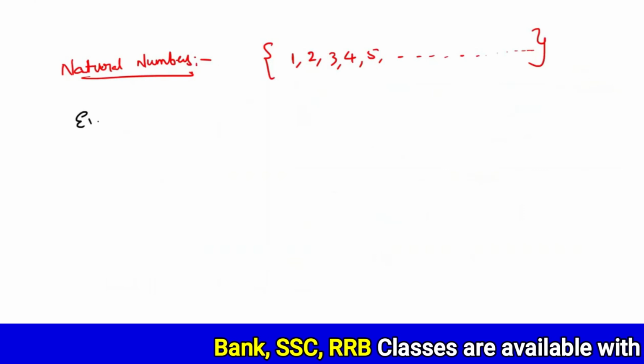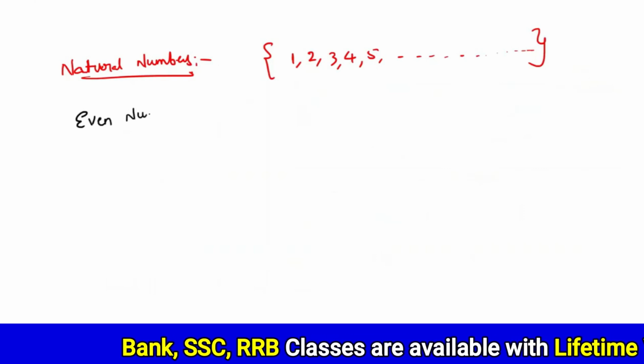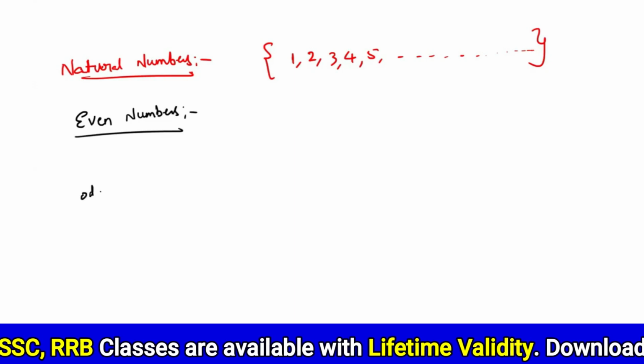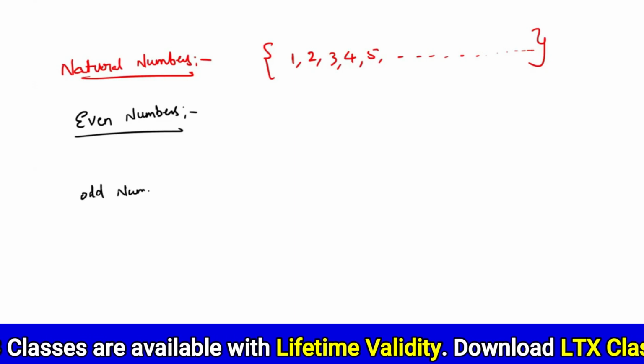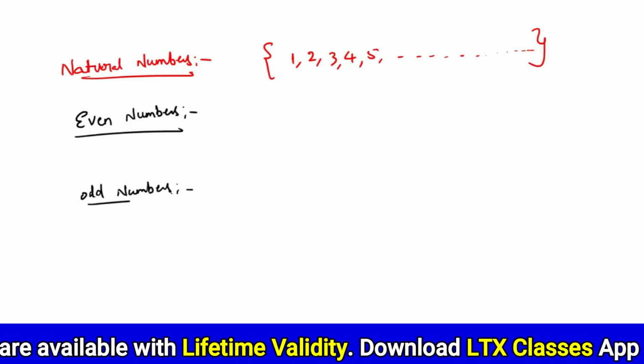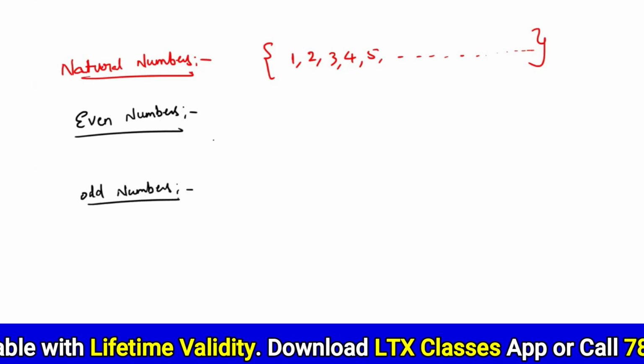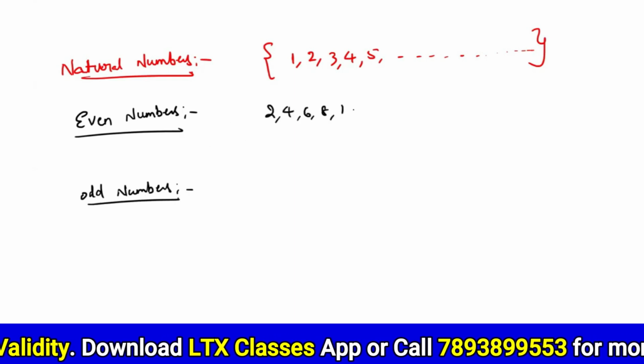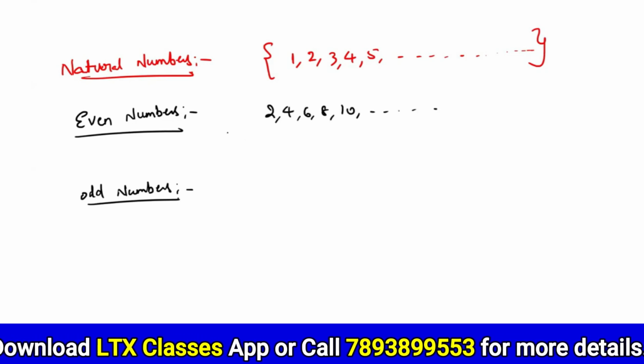What about even numbers? I think everyone knows it. I'm just asking this, so please answer. What are even numbers? 2, 4, 6, 8, 10. All these are considered as even numbers.